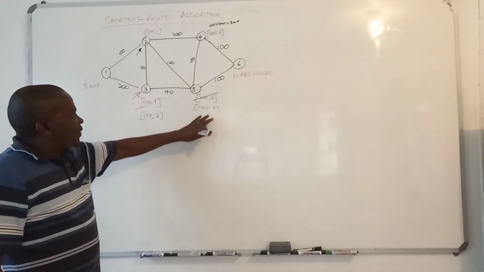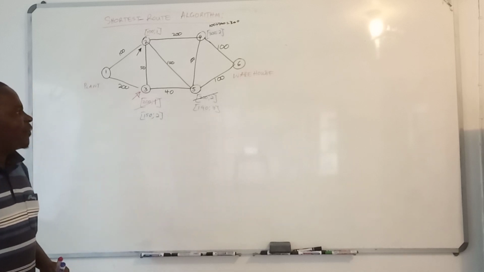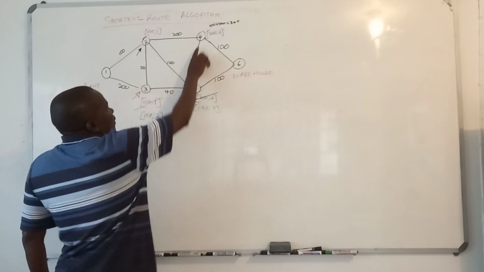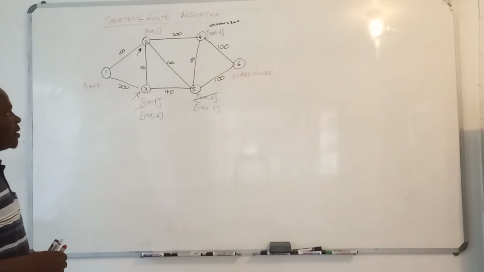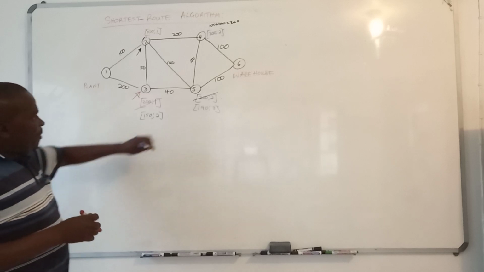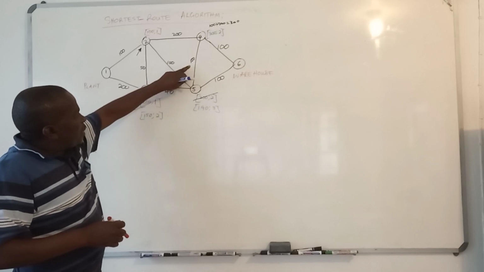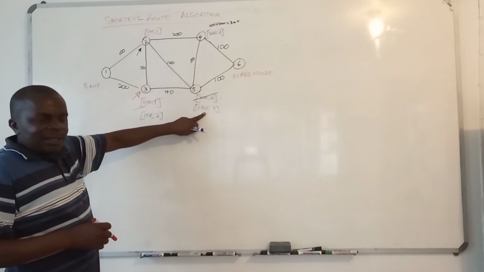Now we are at node 5, right? How many possible routes can we take from node 5? We've got node 5 up to 4 and node 5 up to 6. From node 5 up to 4, we are going to add 150 to 190.